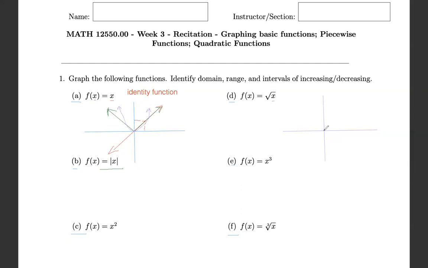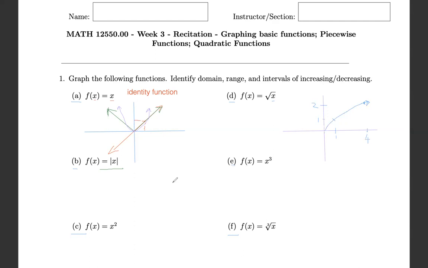So the origin is the starting point. The graph goes this way. Right. So the shape goes this way. Or if we want, we can mark a couple points. Right. If x equals 1, square root of 1 equals 1. So this is 1 also. If x is 4, let's see 4 maybe somewhere here. Square root of 4 is 2. So the y value will be 2. So I have a point somewhere here.